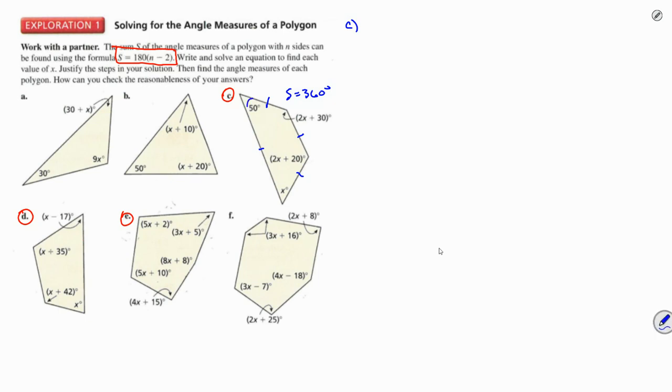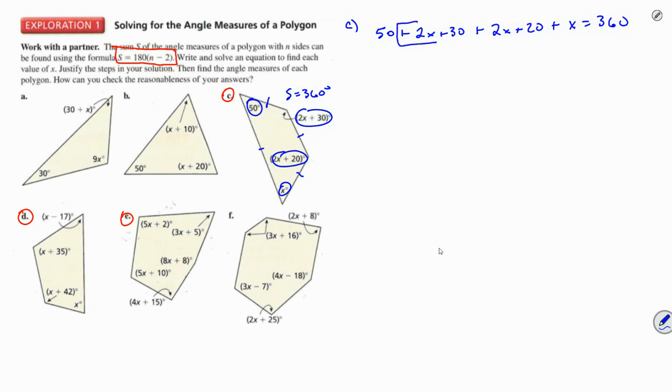All right, 50 plus 2x plus 30 plus 2x plus 20 plus x equals 360. Now this is a multi-step equation. We are going to solve for the missing variable, but first we've got to clean up a bunch of things.